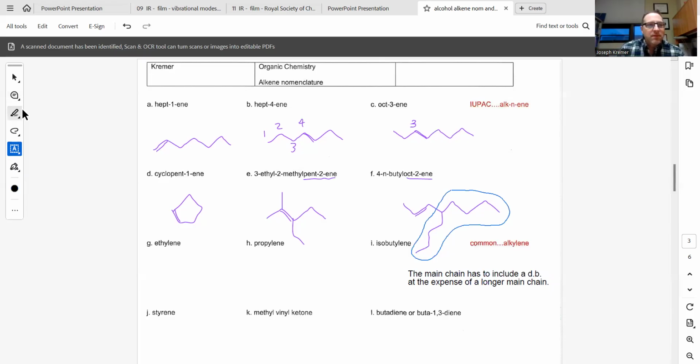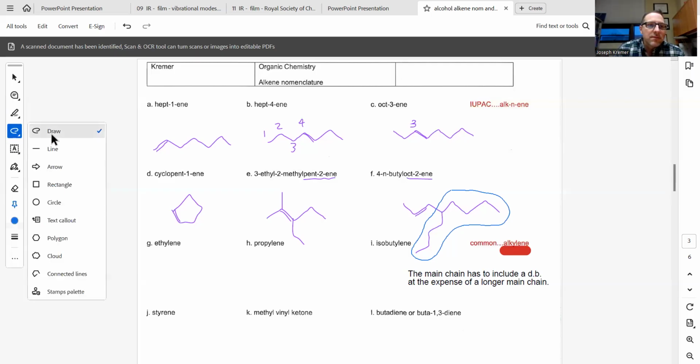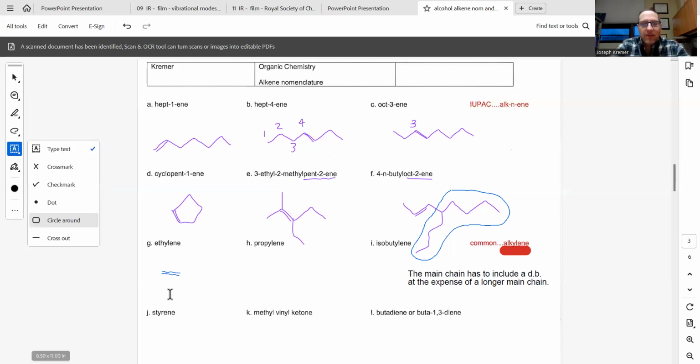So maybe you remember ethylene from the previous page. Ethylene is the common name. It also could be called, if you wanted to, ethane.